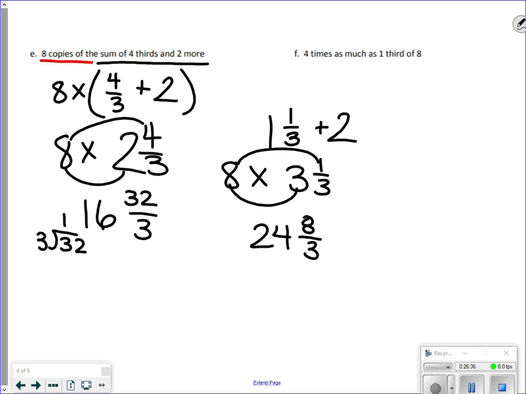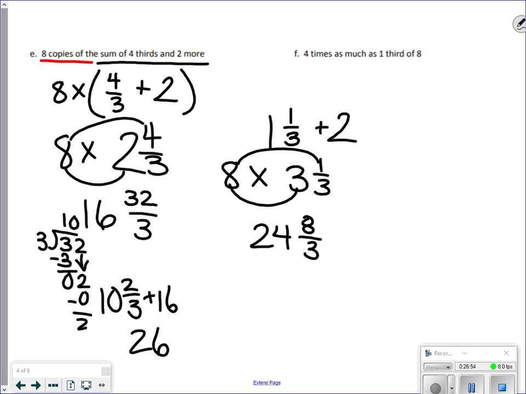3 goes into 3 once. Bring the 2 down. 3 cannot go into 2. 0. So that's 10 2/3 for this, plus the 16.